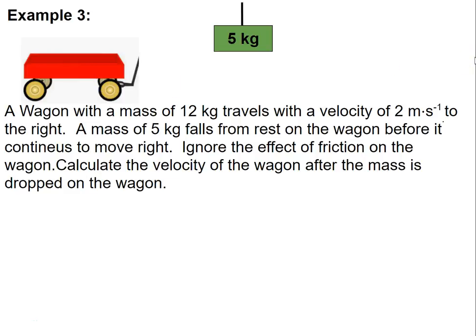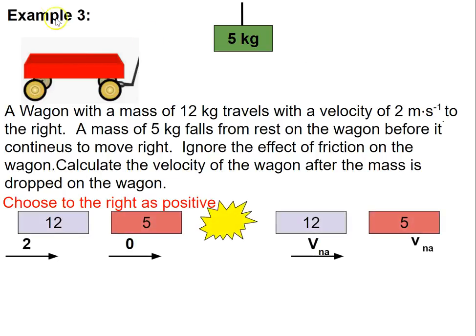In linear momentum, we are only interested in the motion that's going in this plane. So as far as our sum is concerned, this 5 kilogram mass is stationary because in this plane, it has no velocity. So I choose to the right as positive.